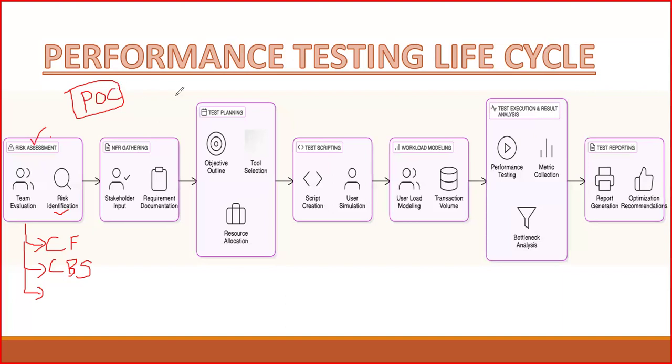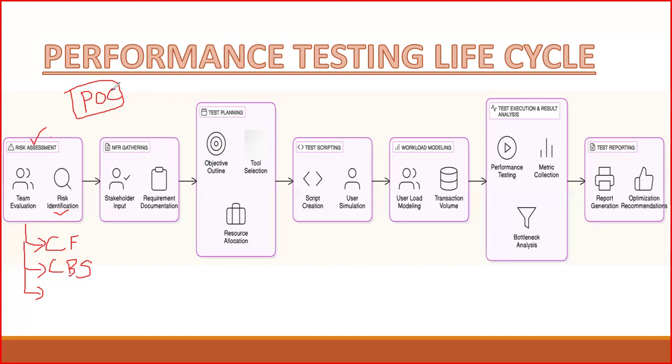We got a requirement to do the performance testing of that particular application. Then we have a lot of performance tools available in the market: JMeter, LoadRunner, NeoLoad, Gatling. So a lot of tools are available in the market. Which tool is suitable for our application? That we need to identify.